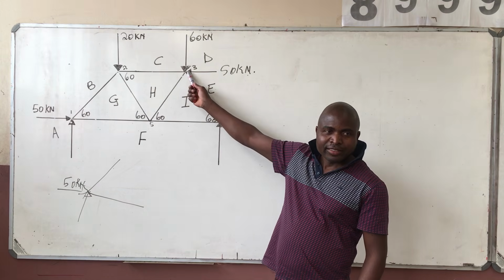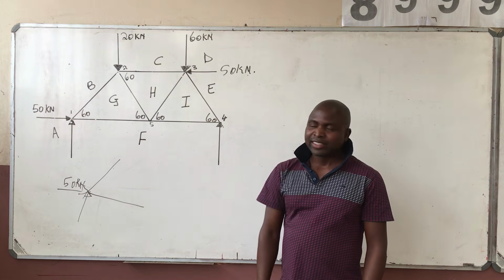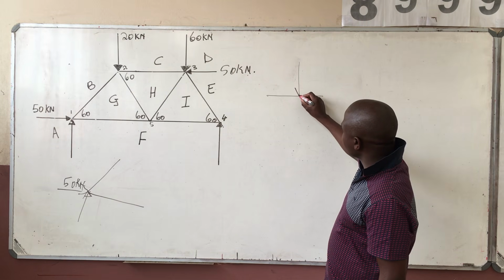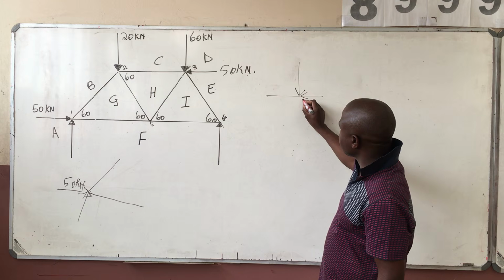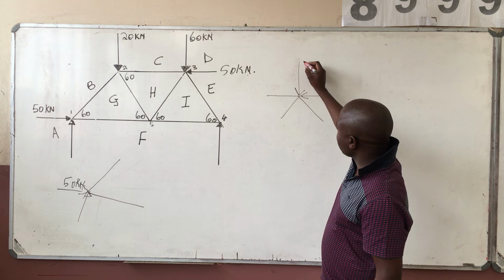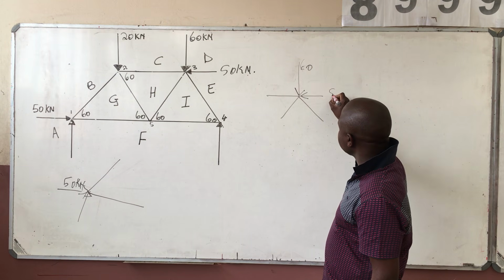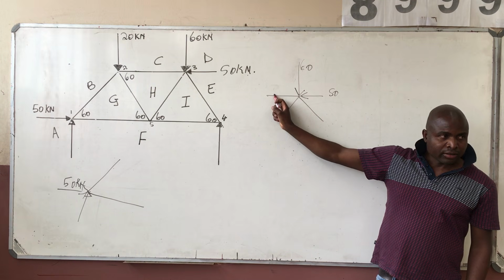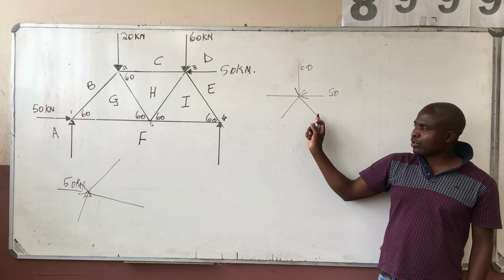This one we have, this is going down, going to this direction, and this one is 60 and 50 there. Do you know the magnitude of this one? And this one? And this one?